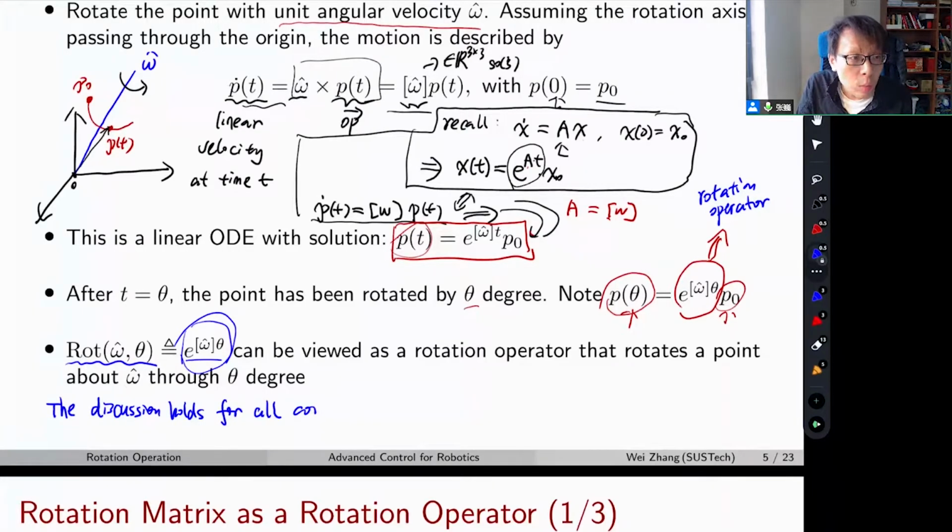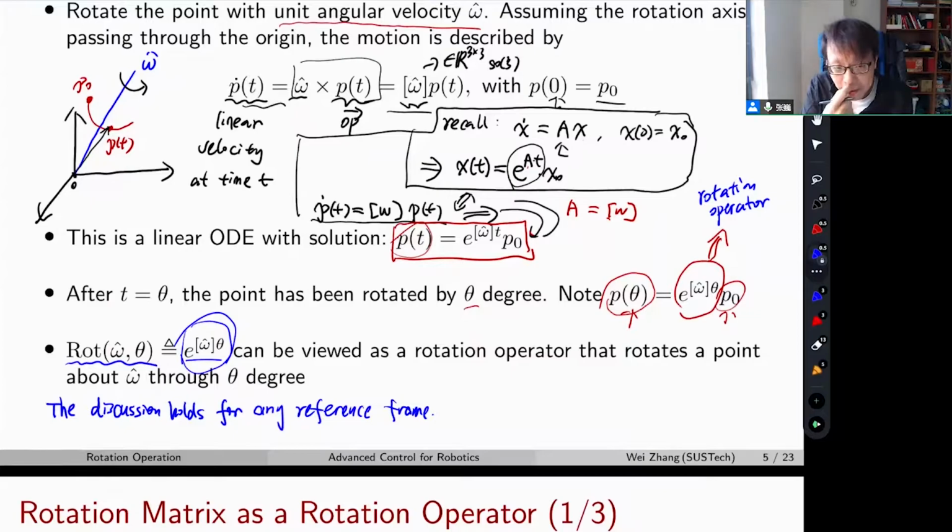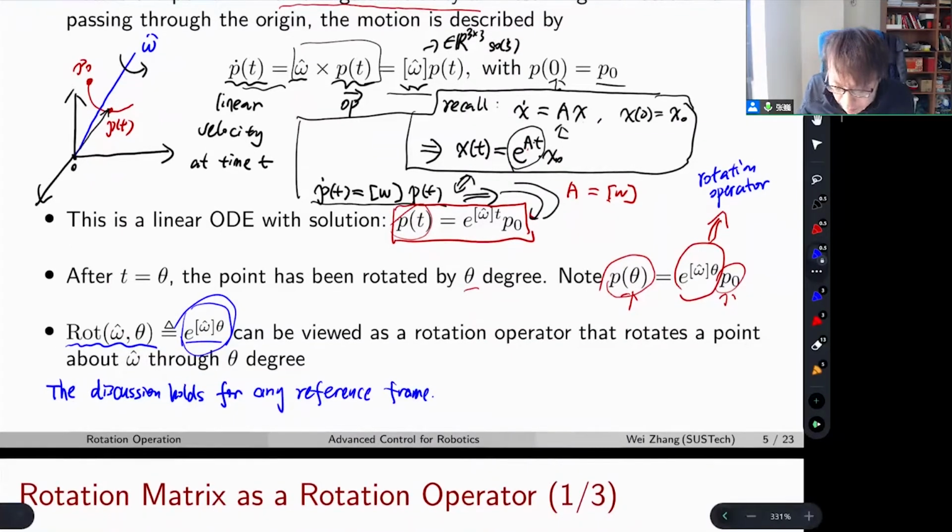I didn't say which coordinate system, but it holds for any reference frame; you just need to pick one to express this physics. At the same time, to express this physical law you have to pick one coordinate system throughout the whole process. You cannot change coordinates. Otherwise, you need to be careful about the change of coordinates.